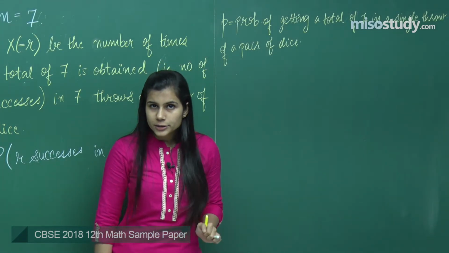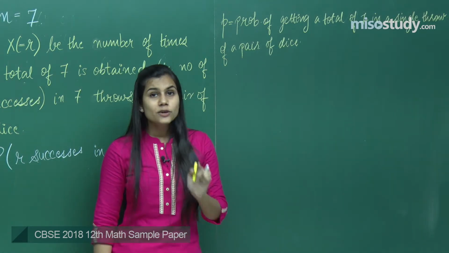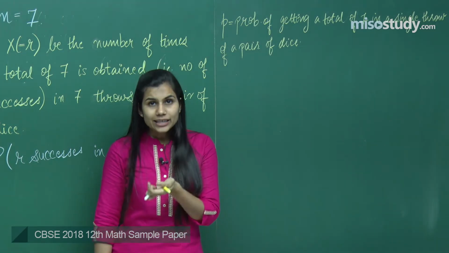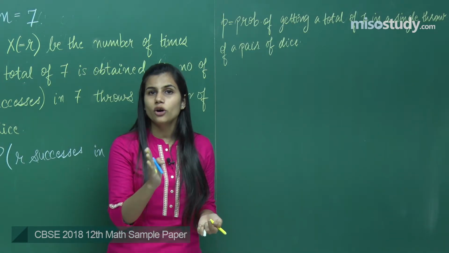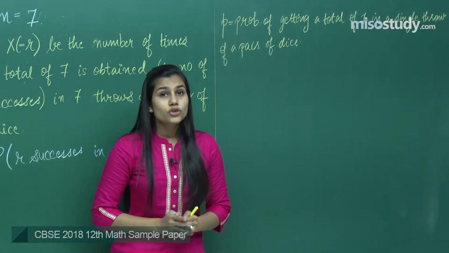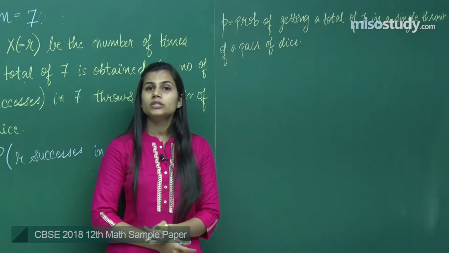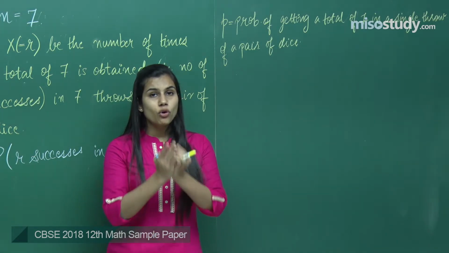You get ordered pairs of the form x comma y, where x and y both range from 1 to 6, because each die gives an outcome of 1, 2, 3, 4, 5 or 6. So you have 36 outcomes.